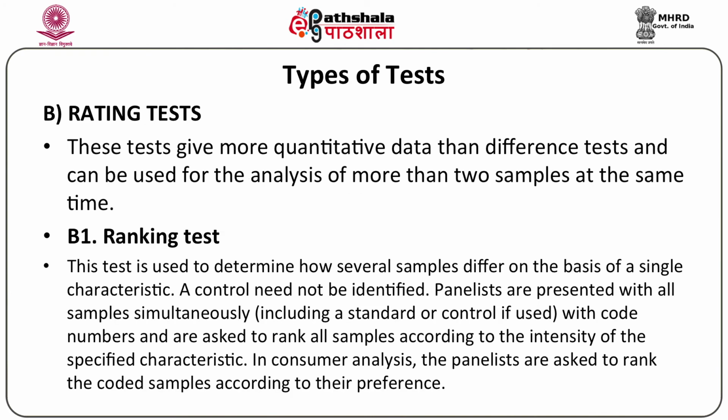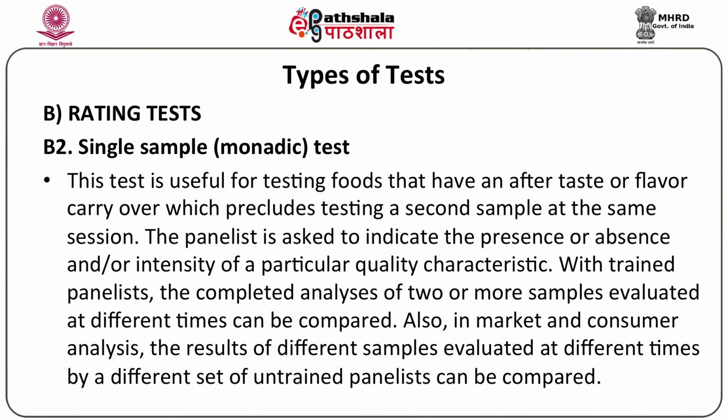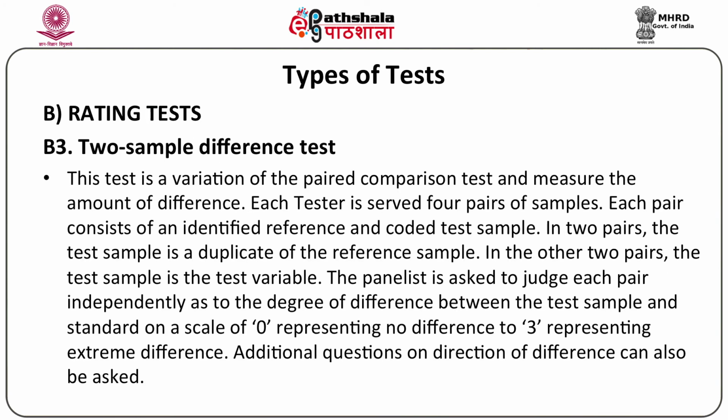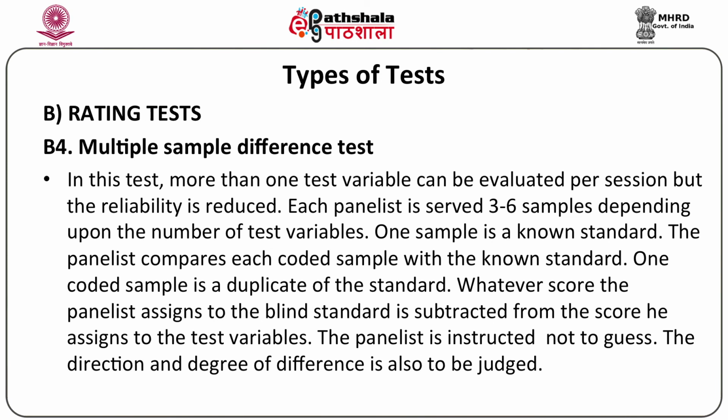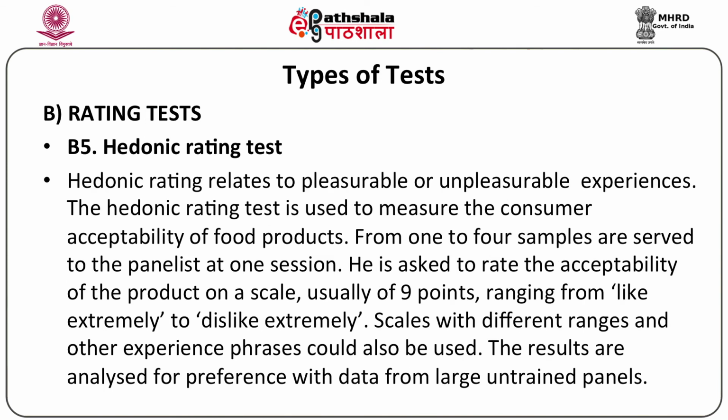Next, we have the rating tests, and these give more quantitative data than difference tests and can be used for analysis of more than 2 samples at a time. Under this, you have a ranking test, the single sample or monadic test, the 2 sample difference test, and the multiple sample difference test, and you have a hedonic rating test, which we've discussed earlier, rated on whether it is satisfactory or good or extremely good.